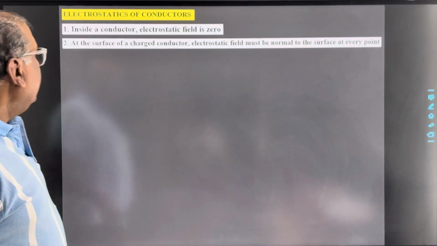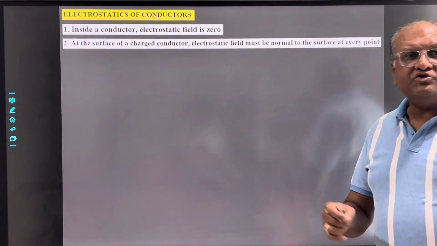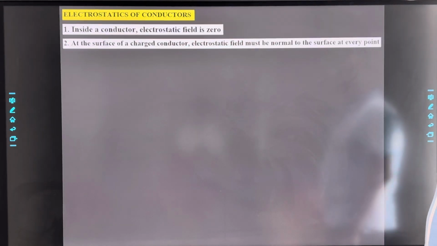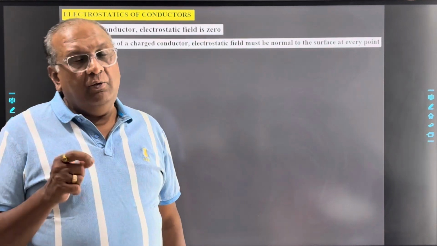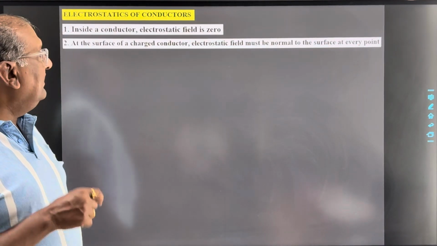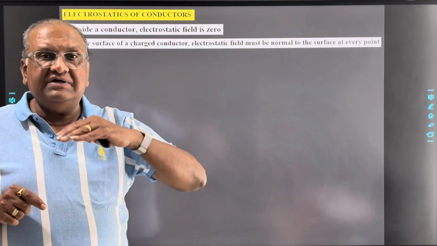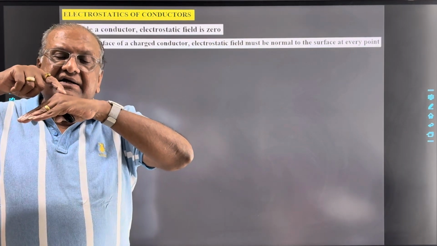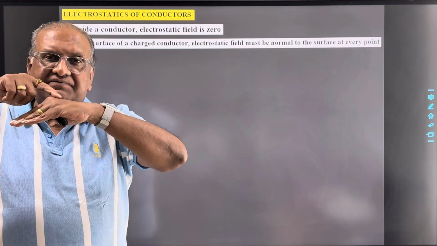Second thing, at the surface of a charged conductor electrostatic field must be perpendicular to the surface at every point. Now how can we say this? Suppose at the surface of the conductor the electric field is not perpendicular to the surface.